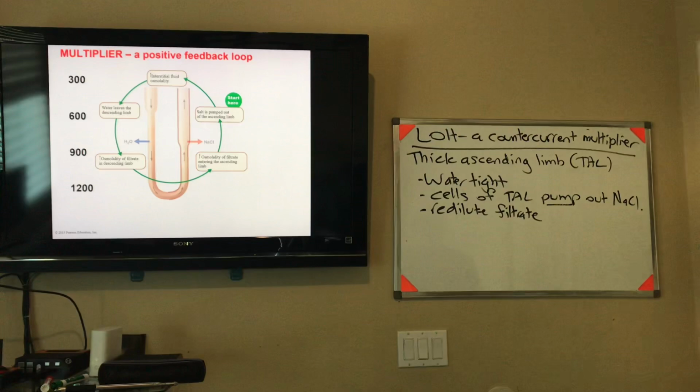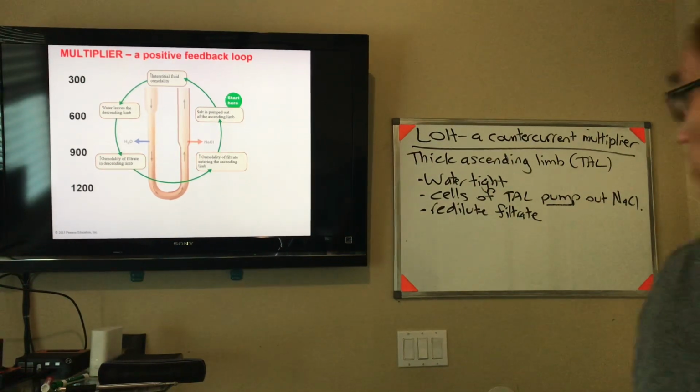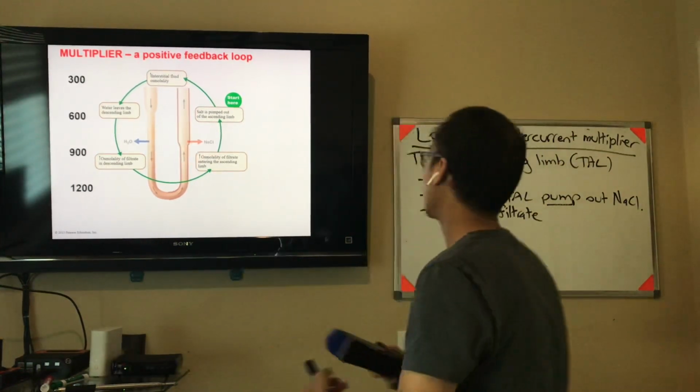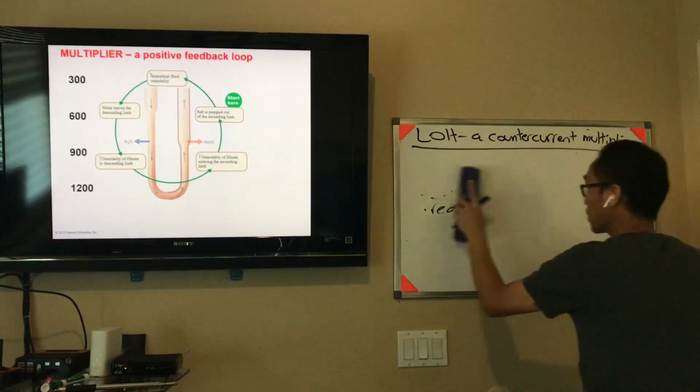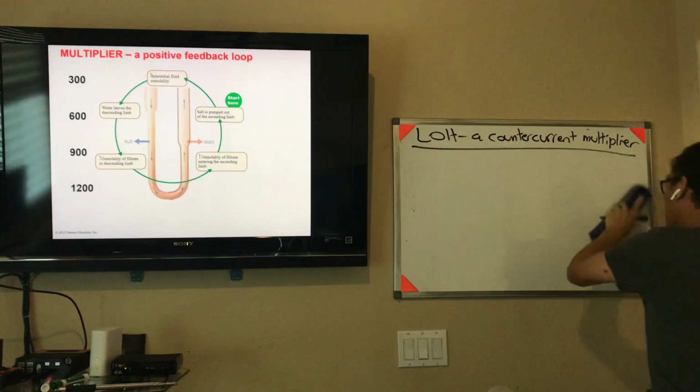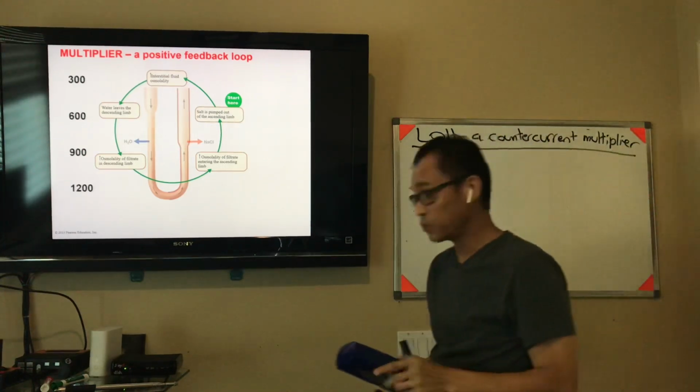This is the multiplier mechanism, as we call it. This is a positive feedback loop. It just keeps going on until you multiply from top to bottom, 300 to 1200.